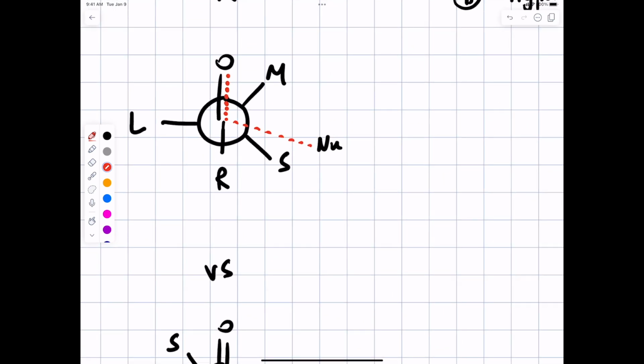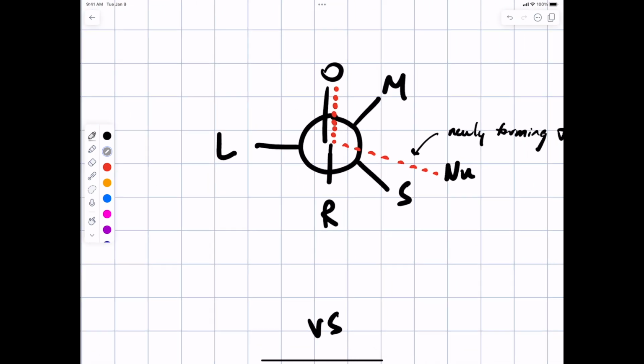But I want you to consider, as we're newly forming a sigma bond, that means opposite the sigma bond, we're also forming a sigma star. Okay? So I'm not sure how to represent this.